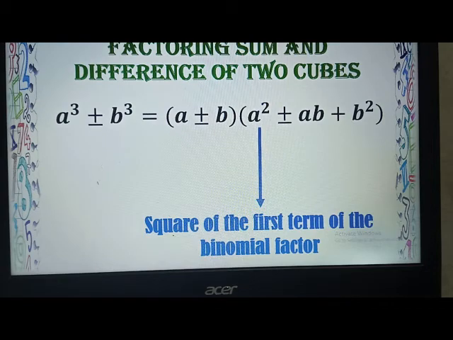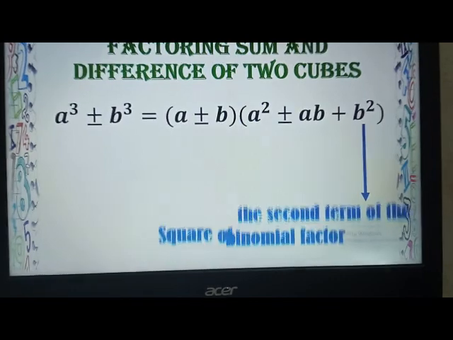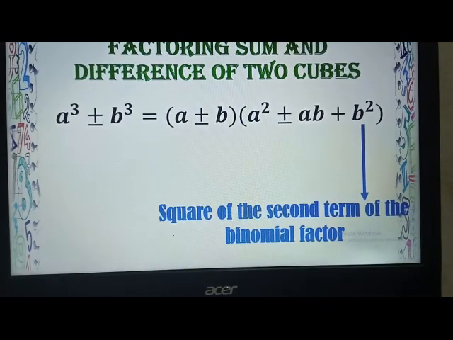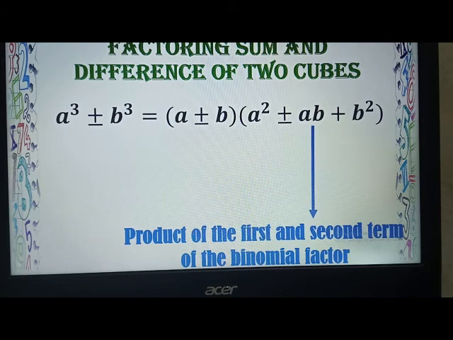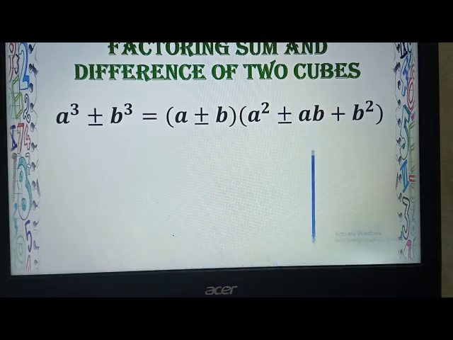And the middle term is taken by getting the product of the first and second term of the binomial factor. I repeat, for the trinomial factor of the sum and difference of two cubes, your basis should be the binomial factor.